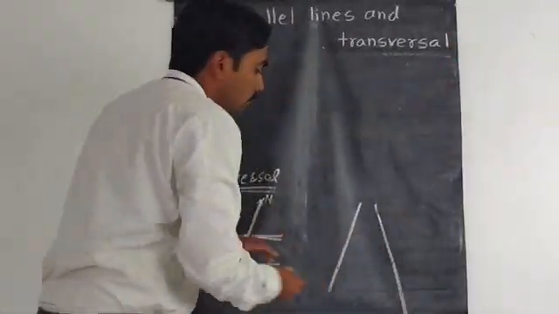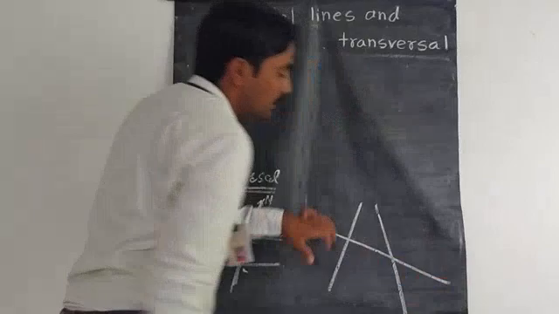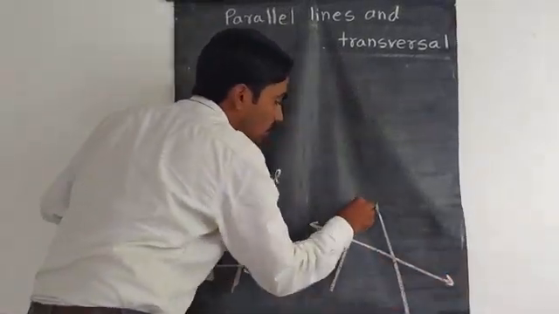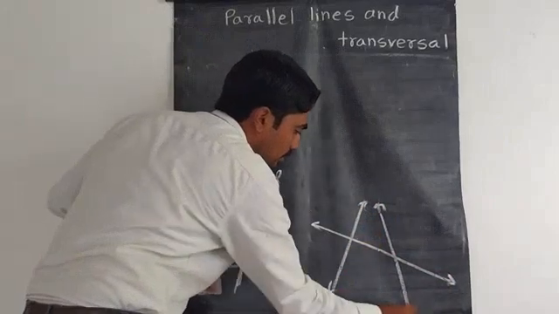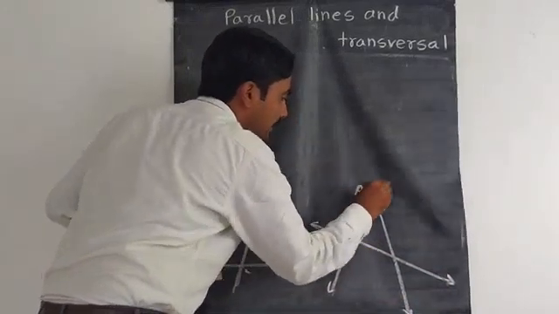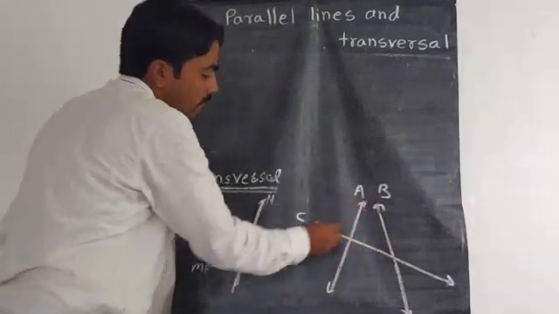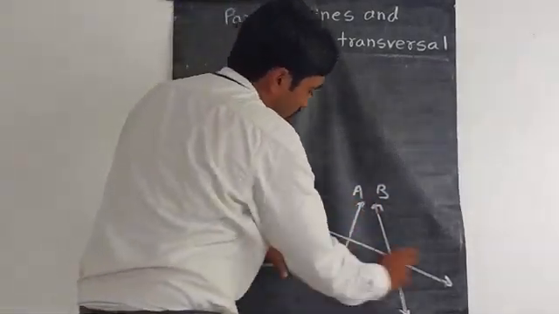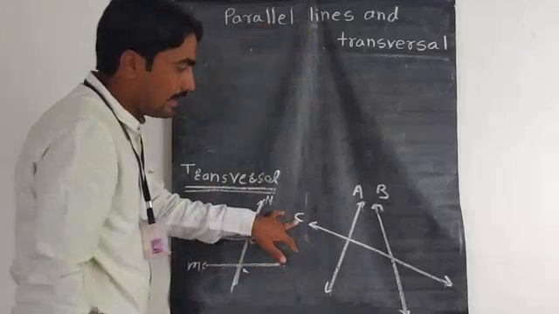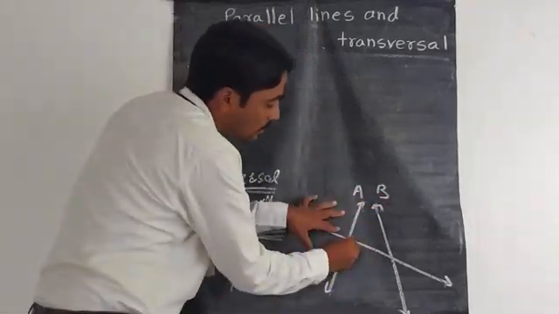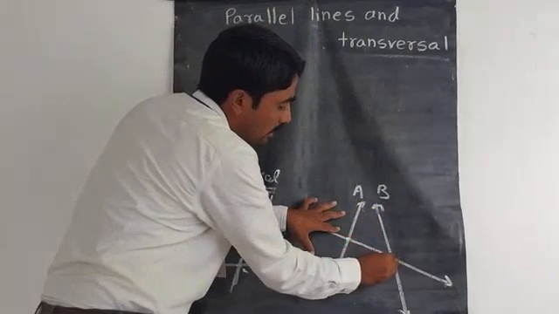But if I draw here another line, that is, see, line A, line B, and this line is the C line. If I draw one intersecting line, that is the C line, for these two lines, then also we get two distinct points.